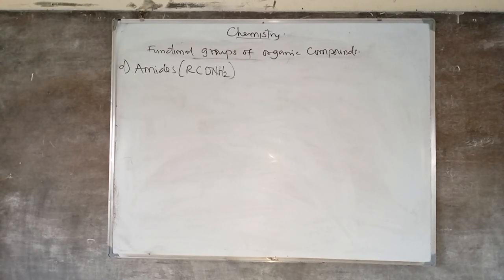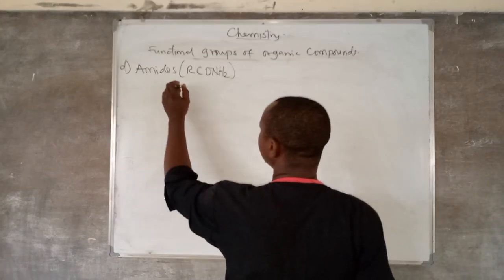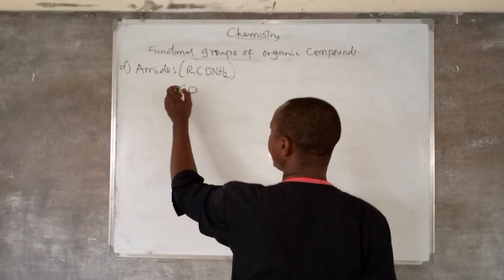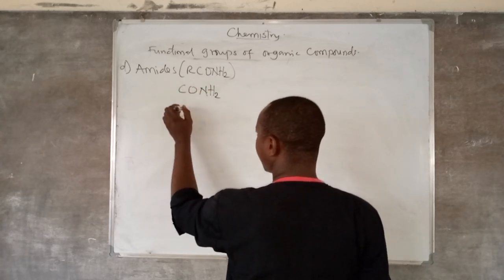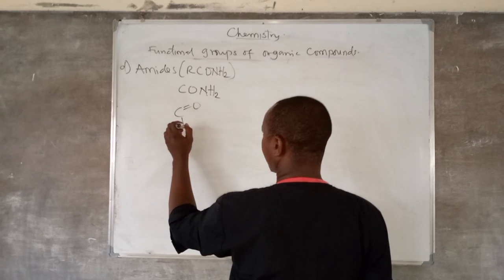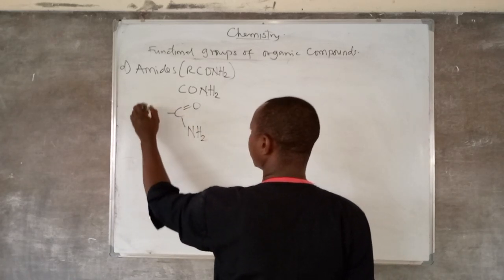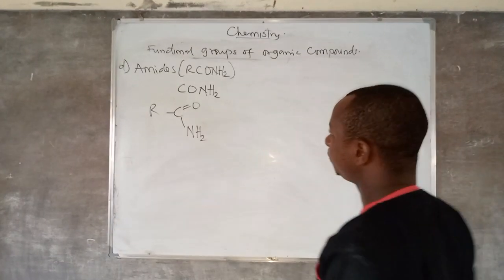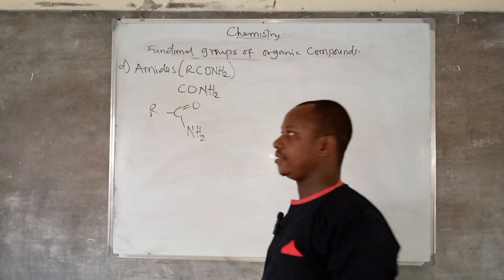The amide has the functional group CONH2. And of course, this is R. So that is amide.